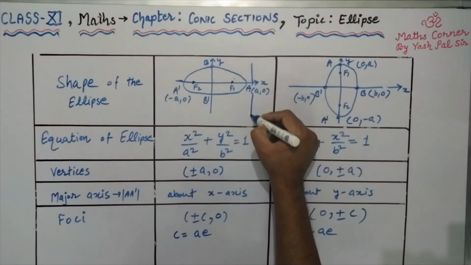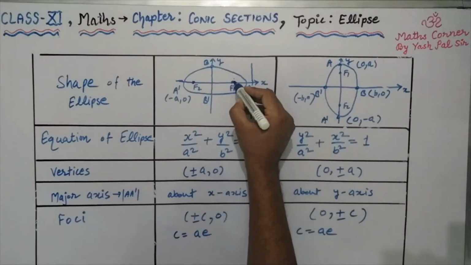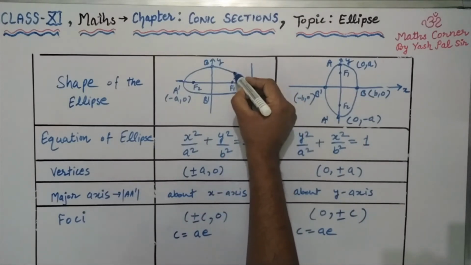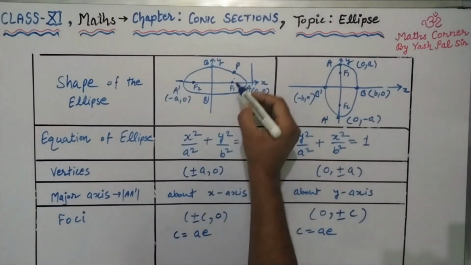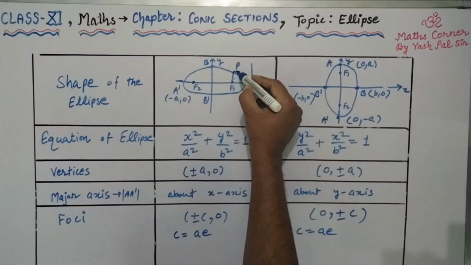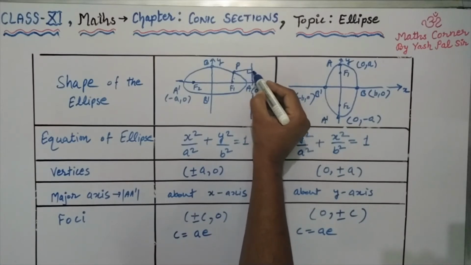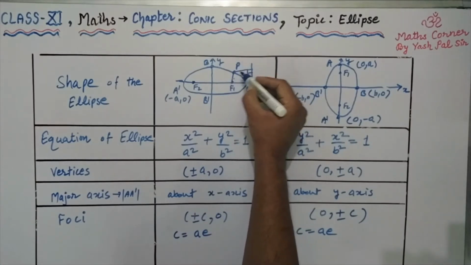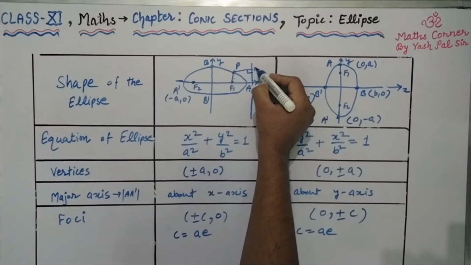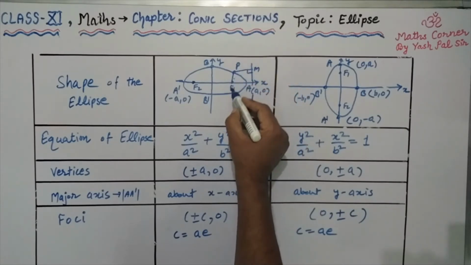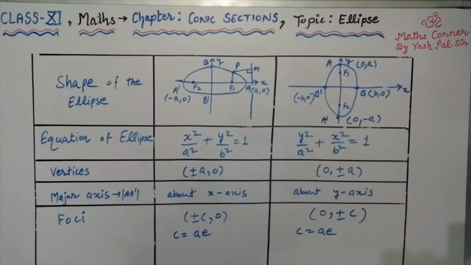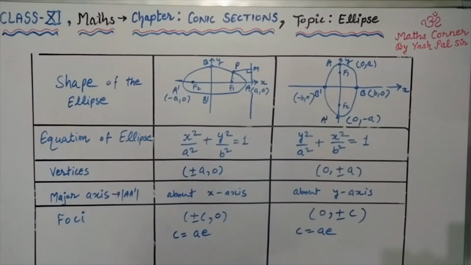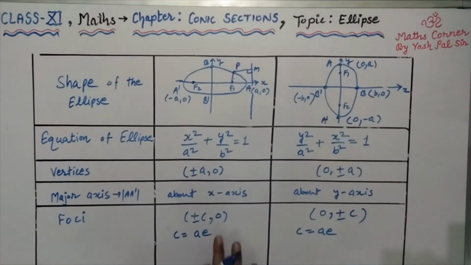Eccentricity means the directrix. This is the directrix. From the focus, this is the point P, any moving point on the ellipse. The ratio of the distances, PF1 divided by PM, where PM is the perpendicular, is called E, the eccentricity.